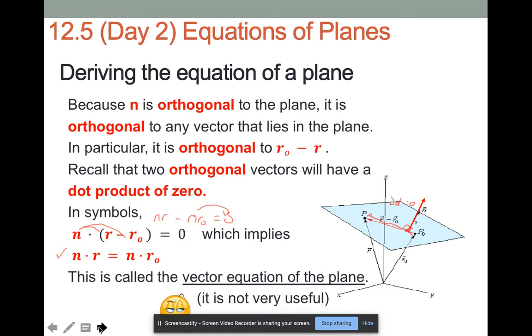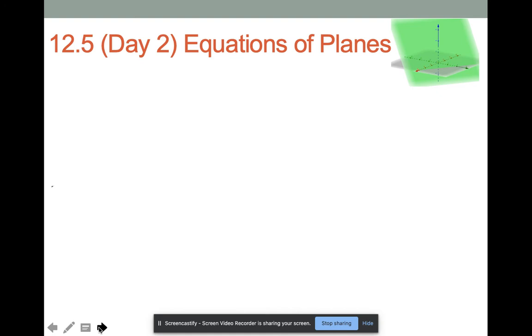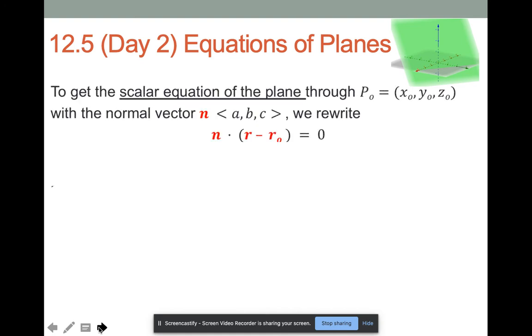More useful to us than the vector equation of the plane is going to be the scalar equation of a plane. So starting with the normal vector and the vector in the plane, which are perpendicular to one another, therefore their dot product is 0. I'm going to expand that.